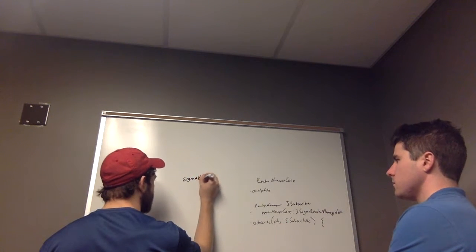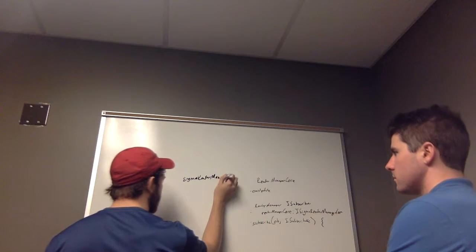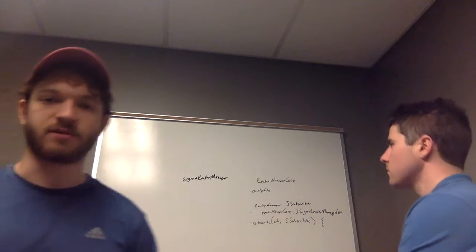So we need to make Sigma render manager publish us the right updates. And whatever we call Sigma render manager, we need to give publish the right updates. Okay. So what is this?